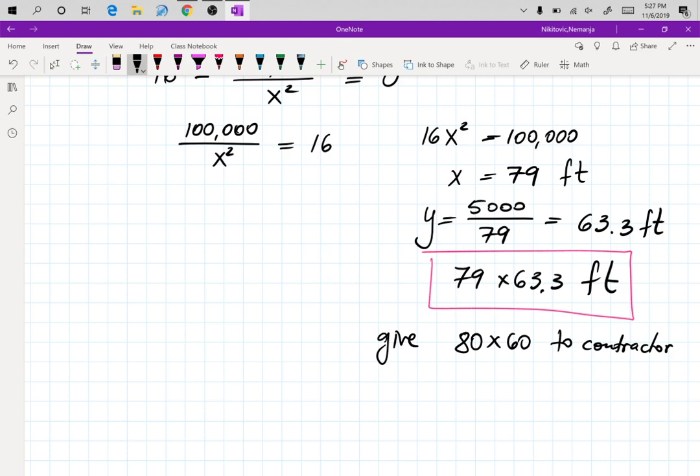I want to still talk a little bit about this problem. It doesn't have to be in notes. This is just a talk. I had a problem that had the walkway around a pool.